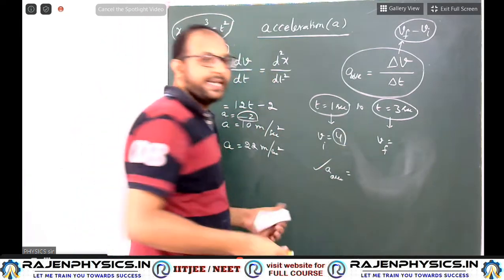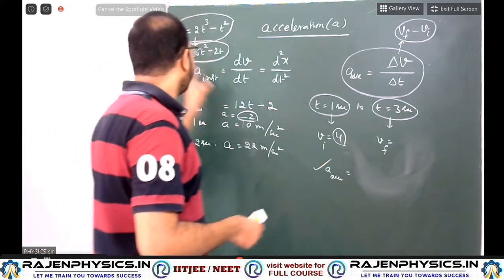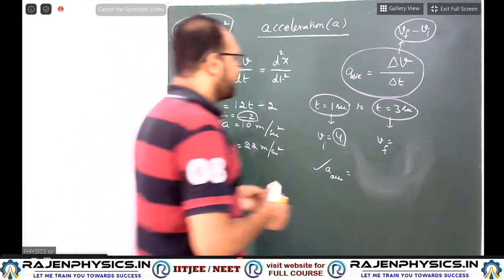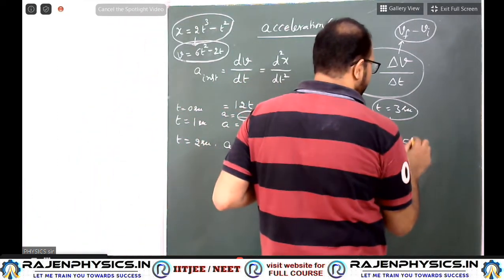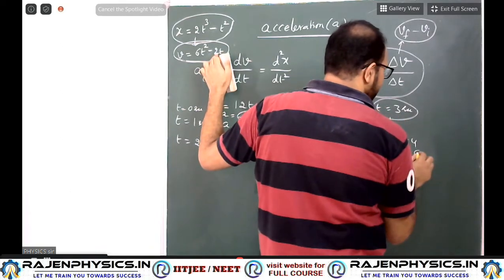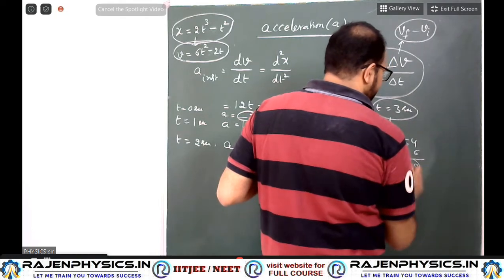Here 4 meter per second is the initial velocity. Now students, final velocity at t equal to 3: 54, minus 3 into 2, that is 6, so 48.